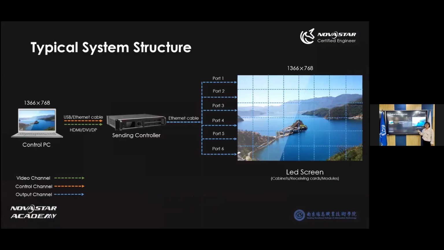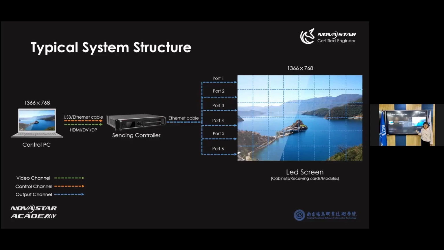If we want to show an image on the screen, then we need to set up the control system. Here, we can see the control computer is connected to the sending card through a USB cable or an Ethernet cable. Then we can send control commands to the sending controller. And we also use an HDMI or DVI or DP cable to connect with the sending controller.